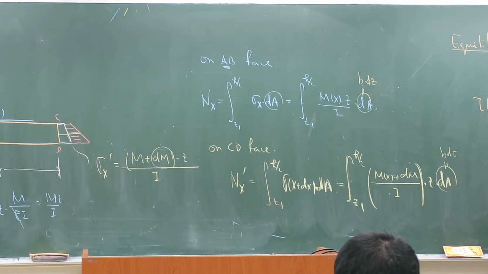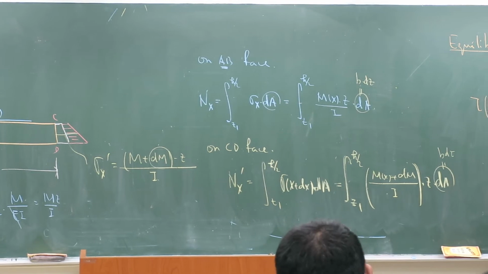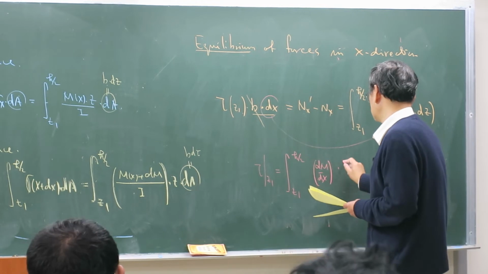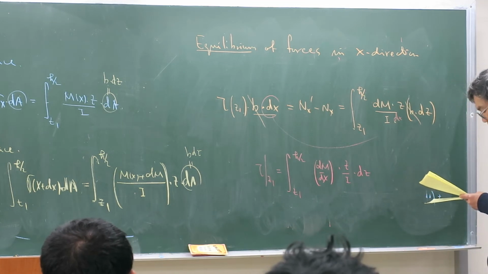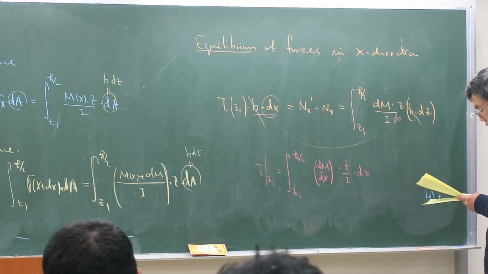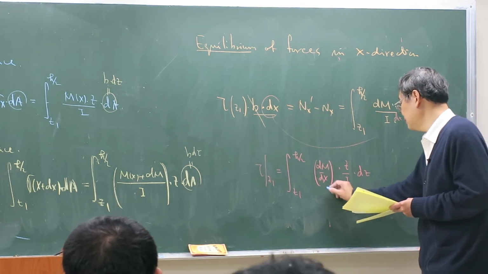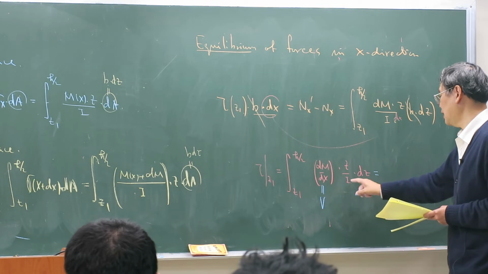So actually the b can cancel out, and dx can be taken here. So I have tau at z1 equal to the integral from z1 to half h of dM/dx times z over I dz. This can be further simplified, and you know dM/dx is equal to V, the shear. So the shear and the I can be taken out.